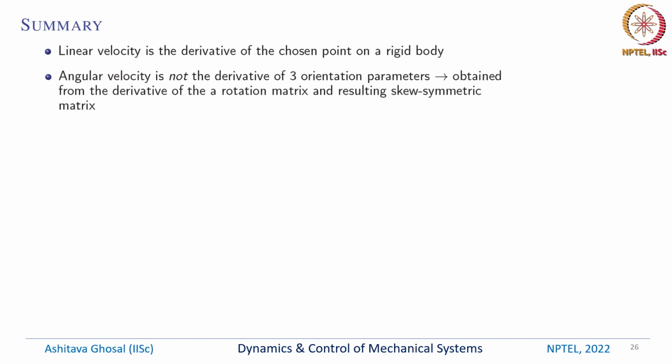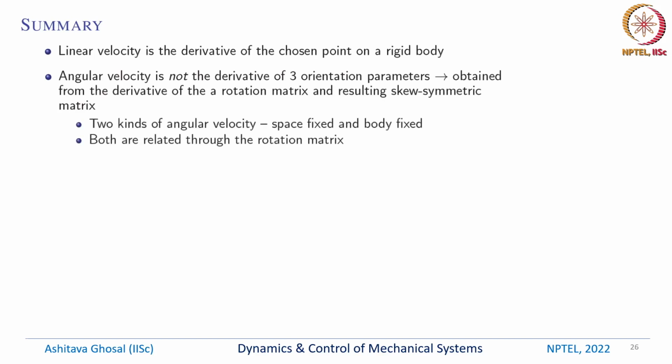The angular velocity is not simply theta 1 dot, theta 2 dot, theta 3 dot. Okay, we need to obtain the derivative of a rotation matrix. We will get a resulting skew-symmetric matrix, and from that we can obtain the angular velocity.